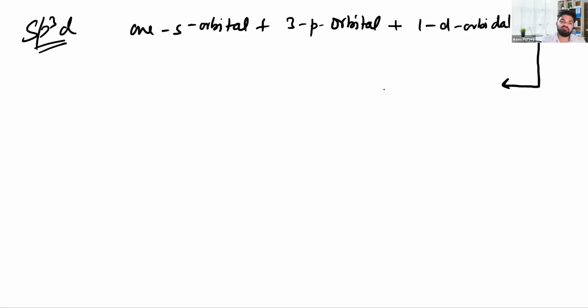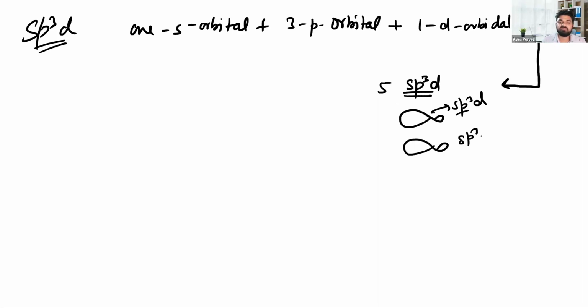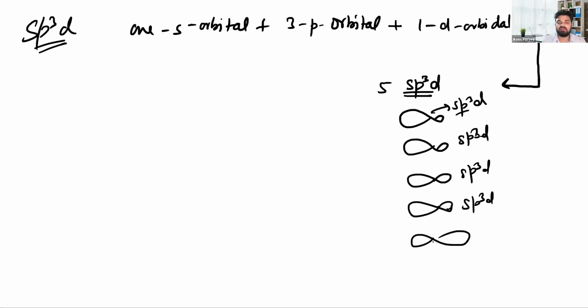Okay, if we have 5 sp3d orbitals, their shape can be drawn like this. There should be 5 sp3d hybrid orbitals.